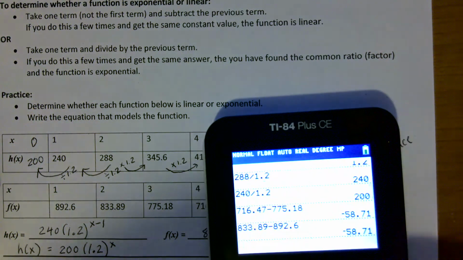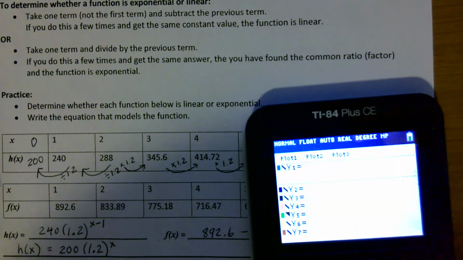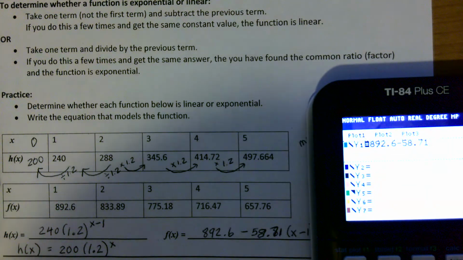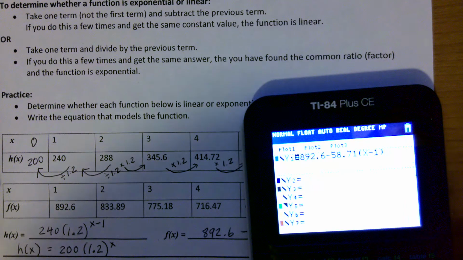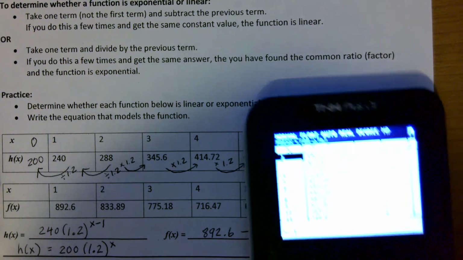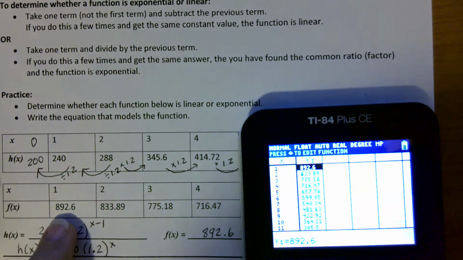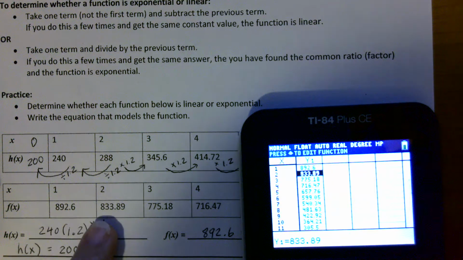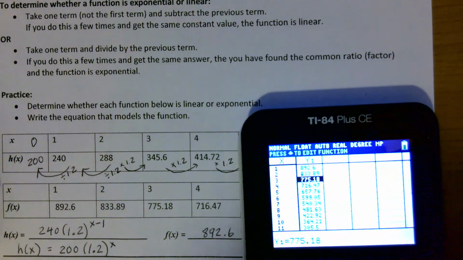Let's see if that works in y equals. 892.6 minus 58.71 times x minus 1. Let's see if our table of values matches. My first term is 892.6, 833.89, and so on. So it does match.